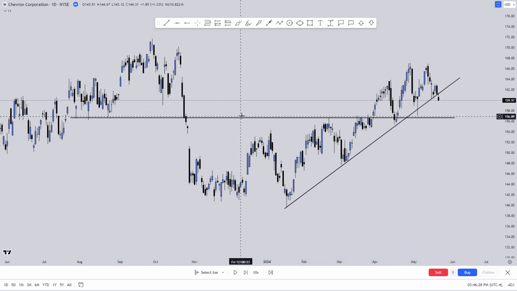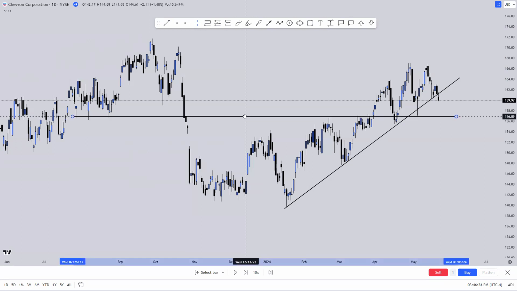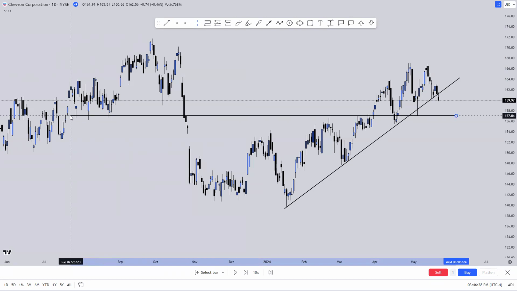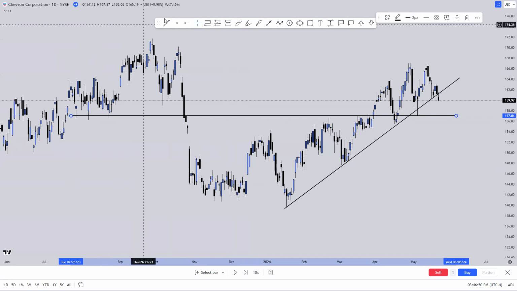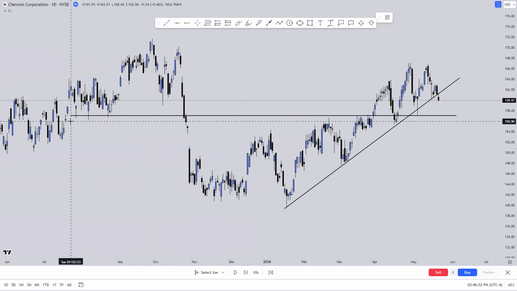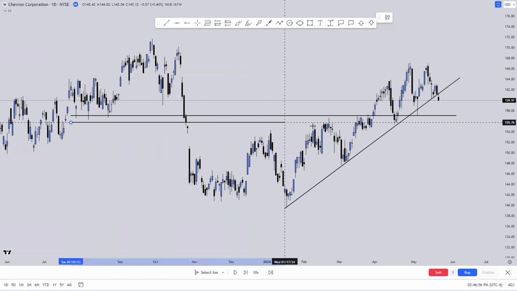This is just an area that I'm marking out. If you were to mark this out, it doesn't have to be exactly like mine, just as long as you're within the ballpark. What you're looking for are those areas that the price keeps interacting with, an area where you have many touches of the price. So just look at how I'm drawing this.